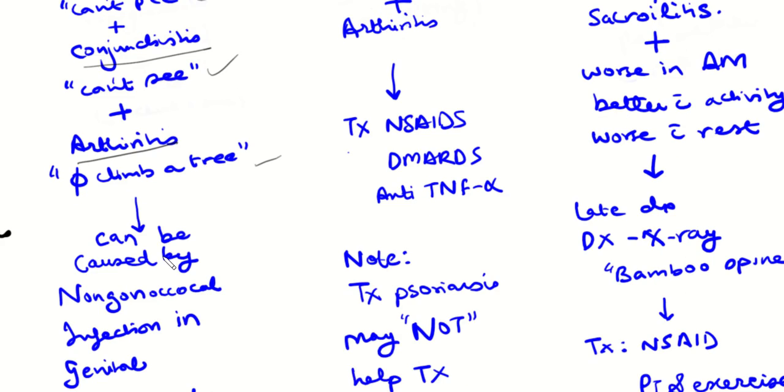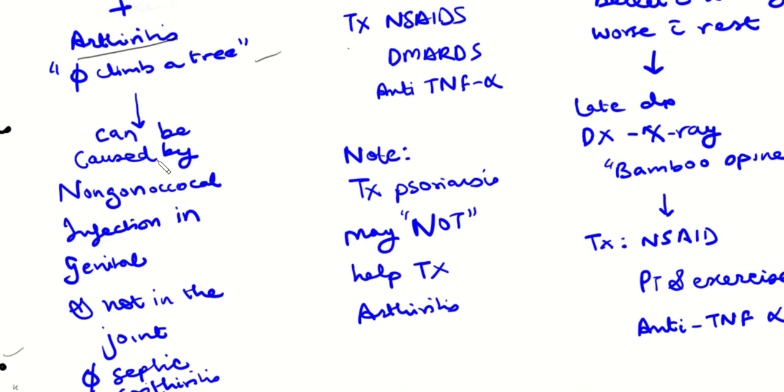Now here, this is caused by non-gonococcal infection. However, the joint does not have infection in it. If the joint had infection, this would be septic arthritis. But this is not. This is where the infection may be still in the genitals or another area.